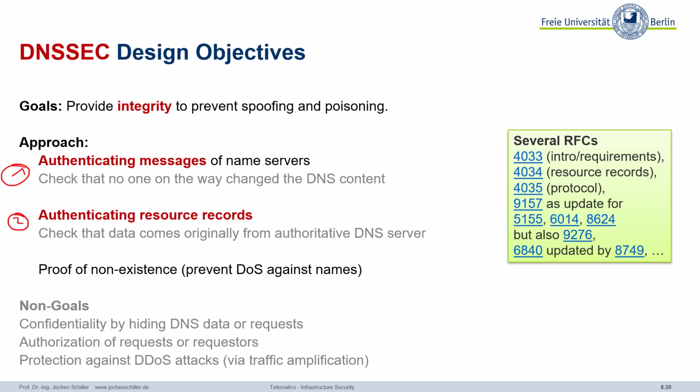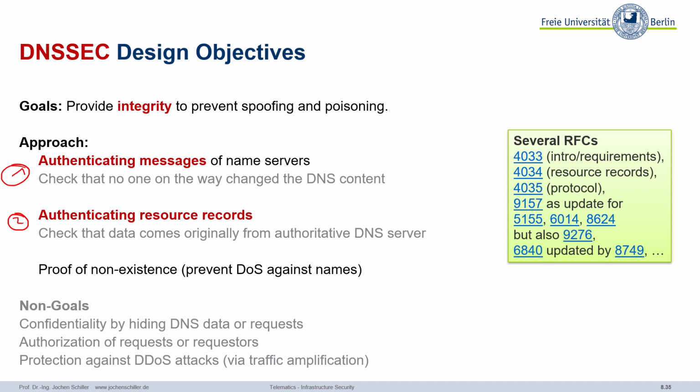We learned we have, for load balancing, many non-authoritative name servers in between. Okay, so that's a problem. There are other things that could be done. What about denial of service attacks and things like this? There are some other goals like hiding data and hiding requests, and authorization, who is allowed to request and to answer, and so on.